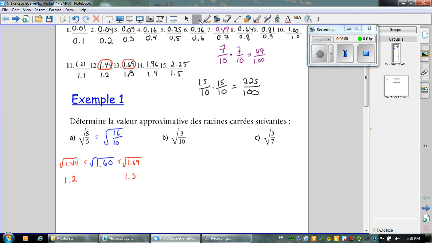Then I just look at the distance between both. Here I have a difference of 16, and here I have a difference of 9. It's closer to this one, so a good approximation would be 1 and 2/27 hundredths. That would be a pretty good approximation.